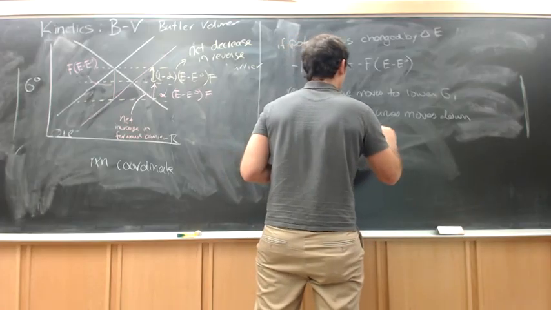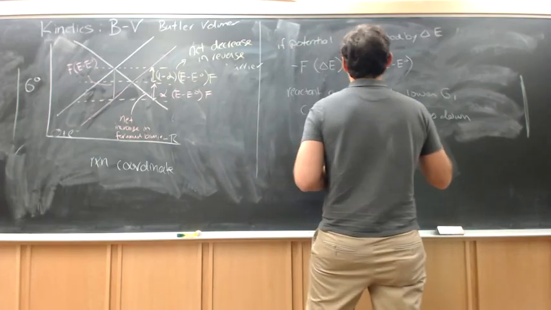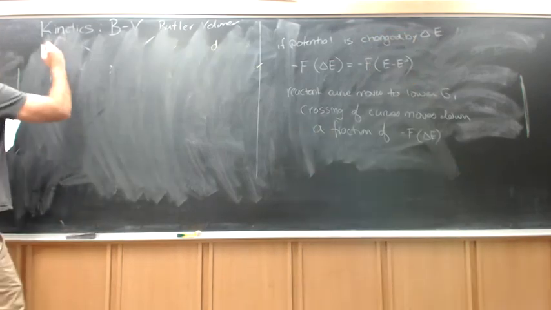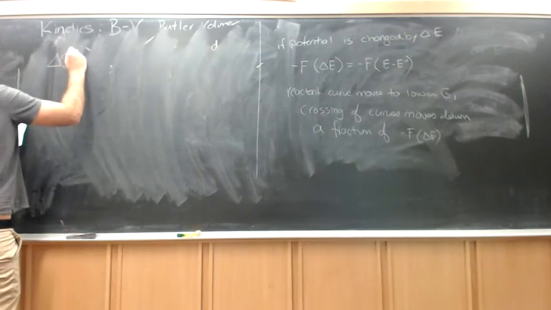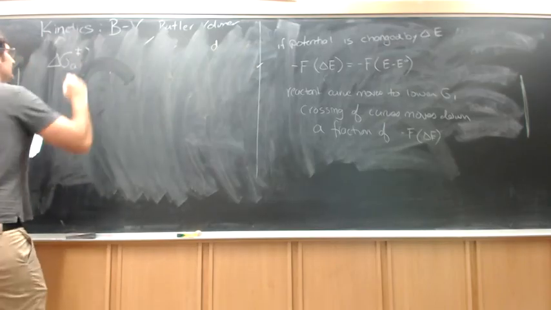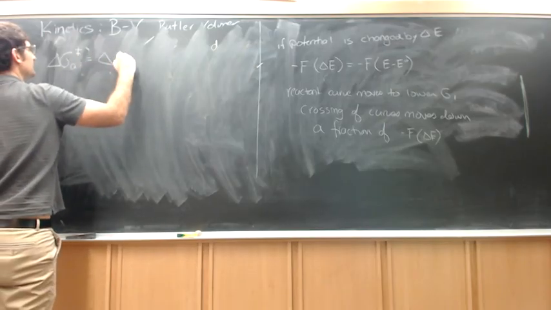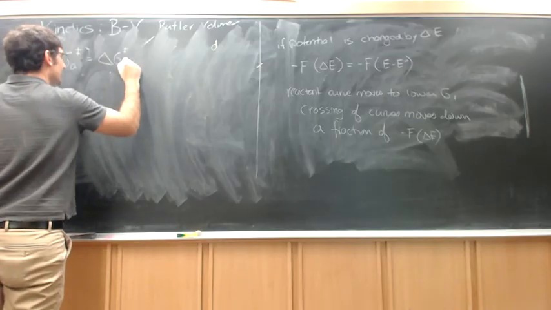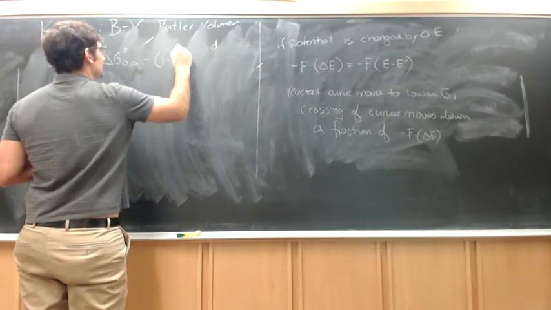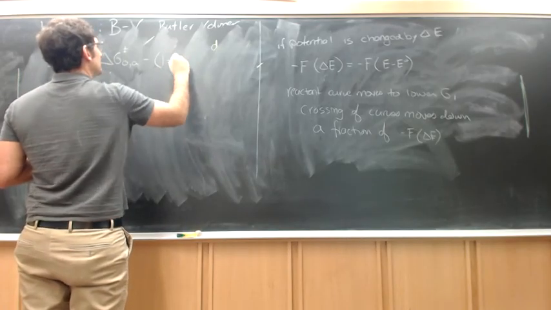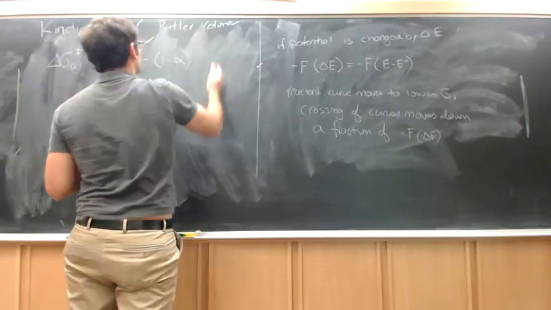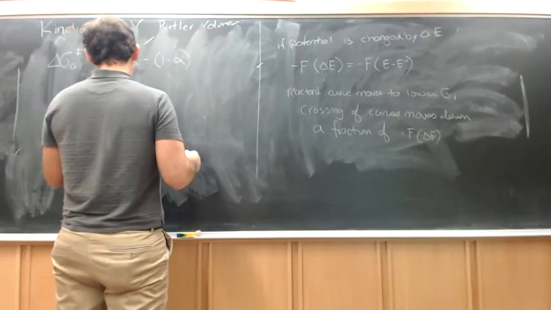That's what we said over there, of negative F delta E. So I could write delta G double dagger anodic is equal to delta G double dagger naught anodic minus this term that is lowering the barrier, right?